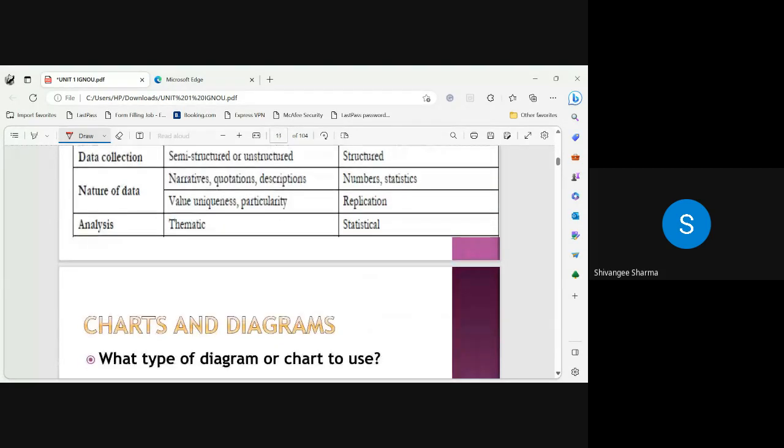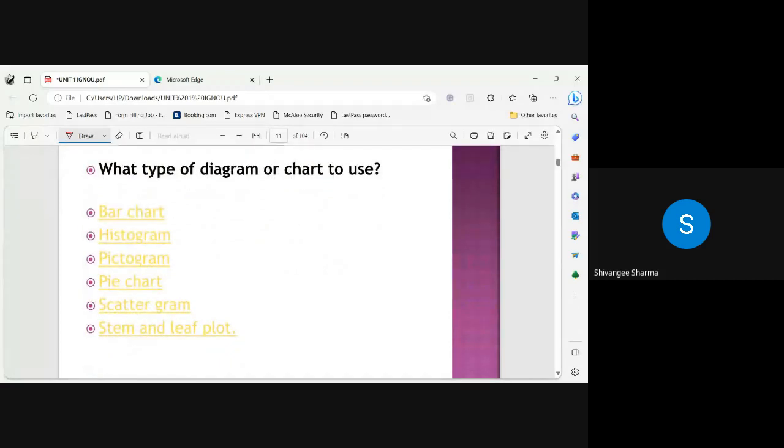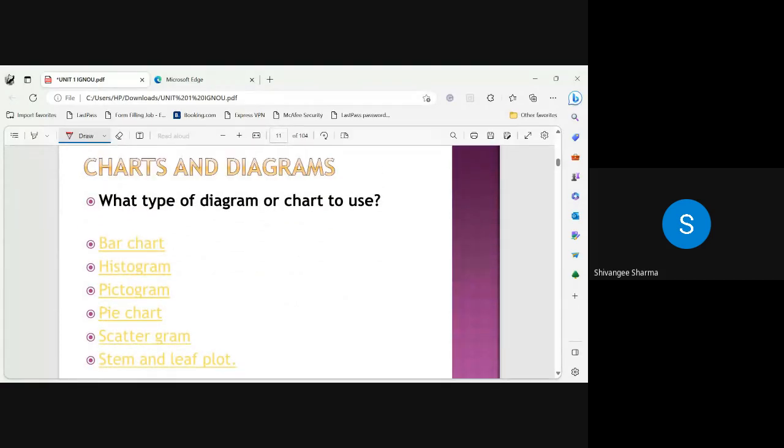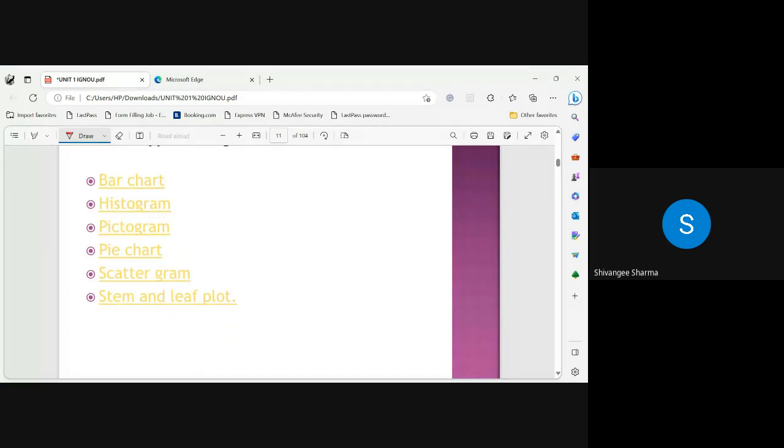So let's move on to the very first representation, in which we use charts and diagrams for representing data. These are the different names of the charts which can be used for representing the data in a pictographic form.